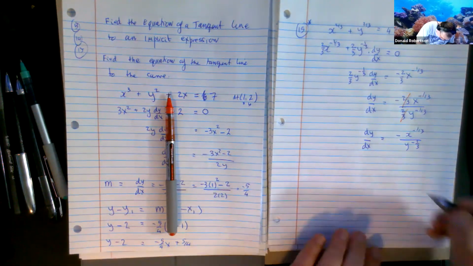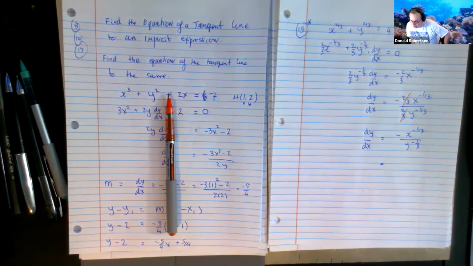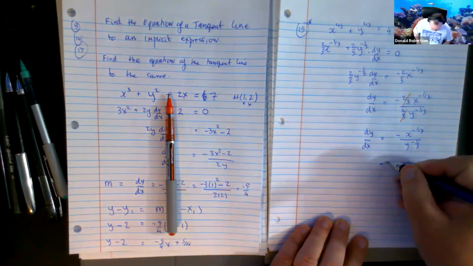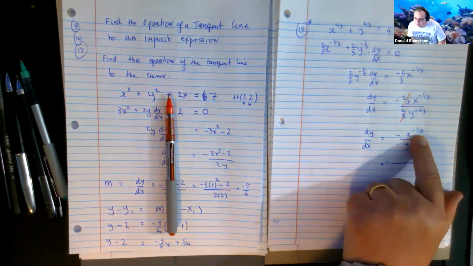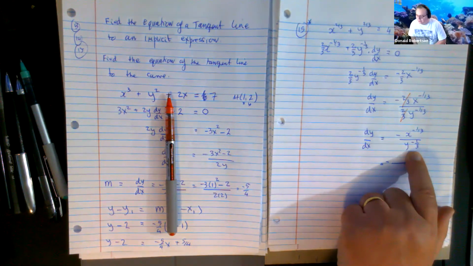Okay. You know we don't like negative powers. Agreed? We just try and avoid them if it's at all possible. So can anyone figure out what to do with this x to the negative 1/3? And while we're at it, what to do with this y to the negative 1/3?